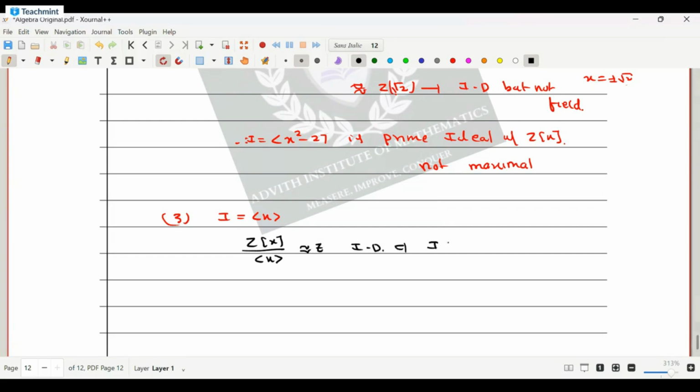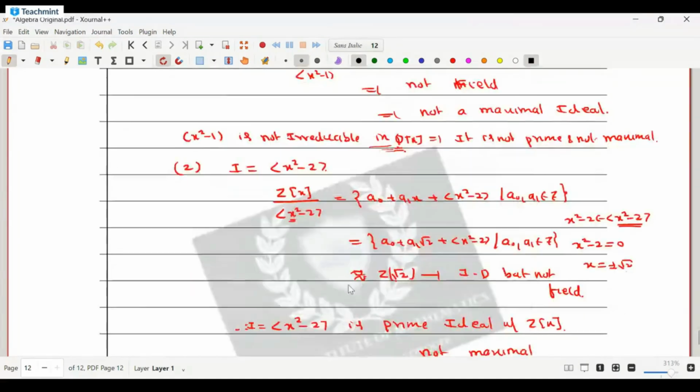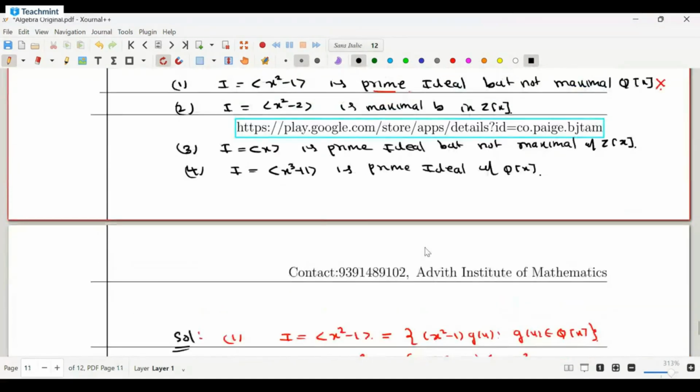So therefore I is equal to generated of x is a prime ideal, but not maximal. So option C, I is equal to generated of x is a prime ideal but not maximal. So this is true. Okay? So it is true.